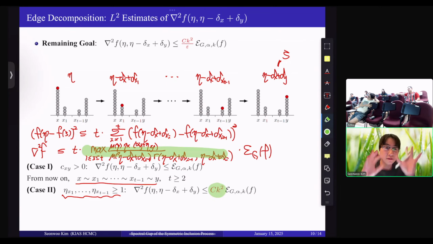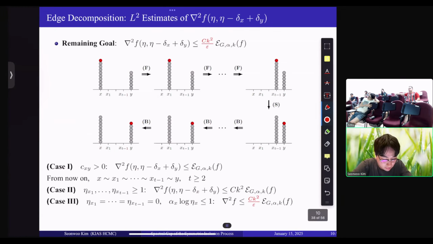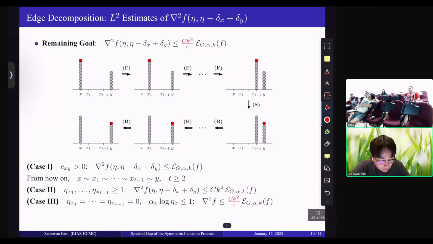So in case 2, we have a bound with the help of K squared, but we are still fine because we did not gain help from 1 over epsilon. From now on I will not go into details. For the third case, the other case is that all the sites are empty in the middle, but the size of the stack is properly bounded.